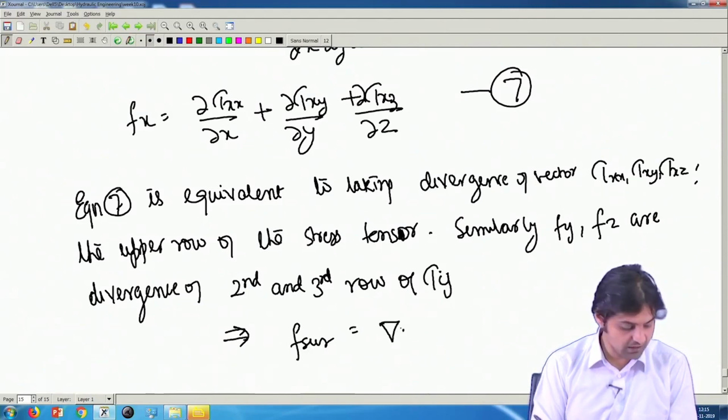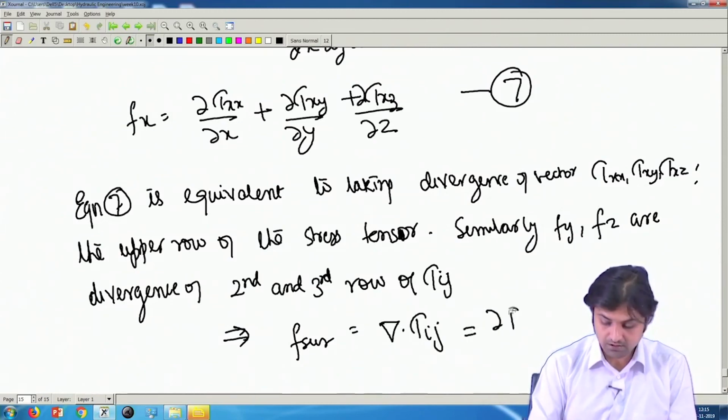So in vector terms we can simply write the divergence of tau ij, del tau ij by del xj.